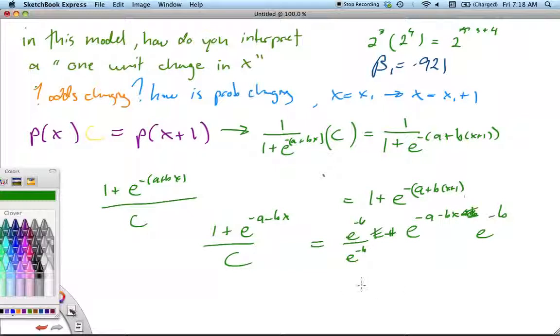Well, I could factor out e to the negative b and say it's 1 over e to the negative b plus e to the negative a minus bx.